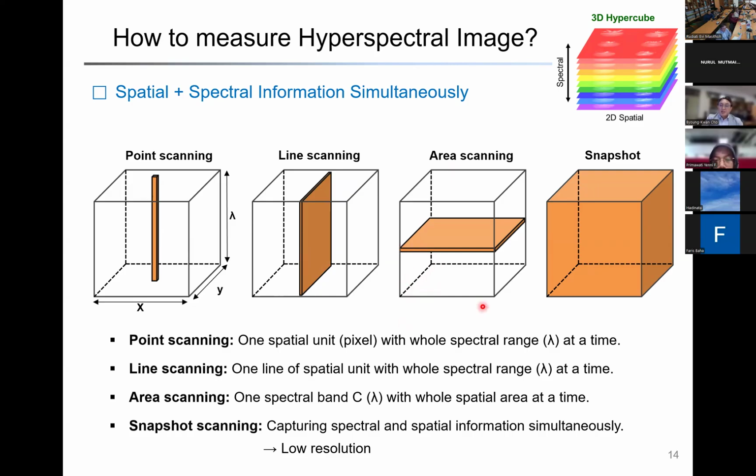We measure X and Y information at a certain wavelength, and then using different wavelength information, we can stack to make a 3D hypercube. And the last one is snapshot measurement. We can measure 3D information simultaneously, but there is some limitation. I will talk about that later.